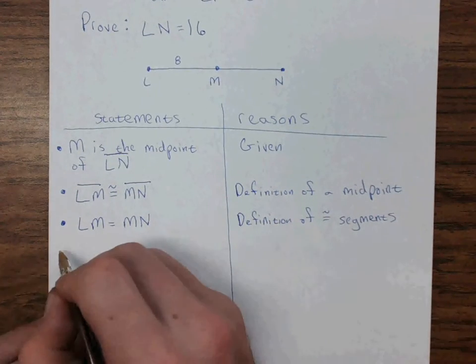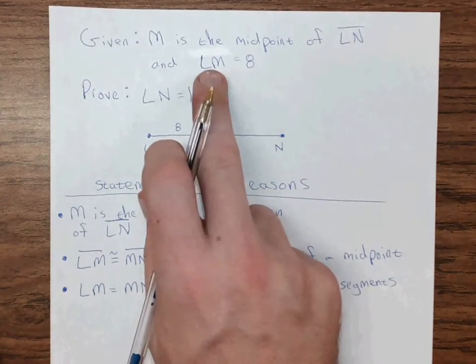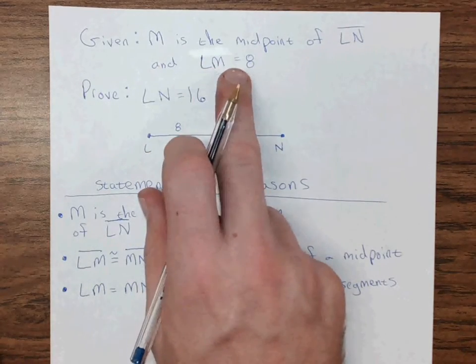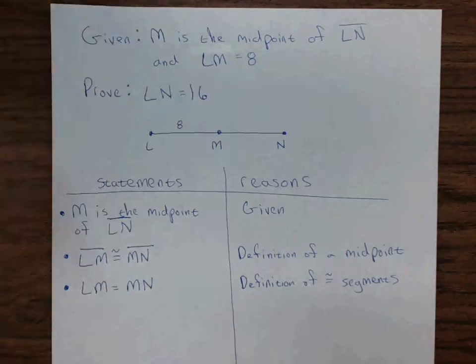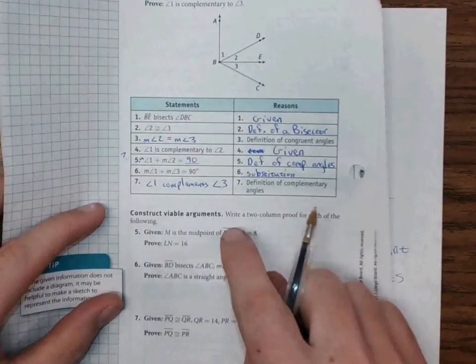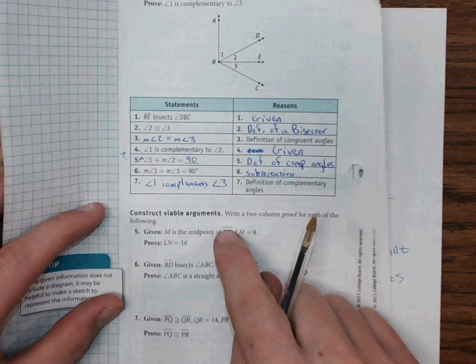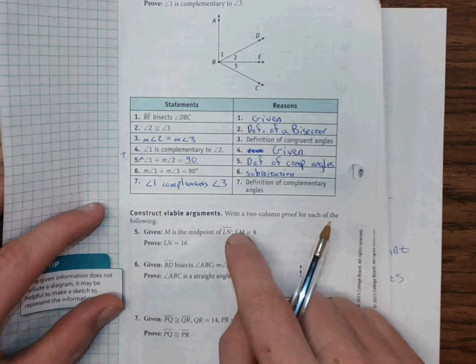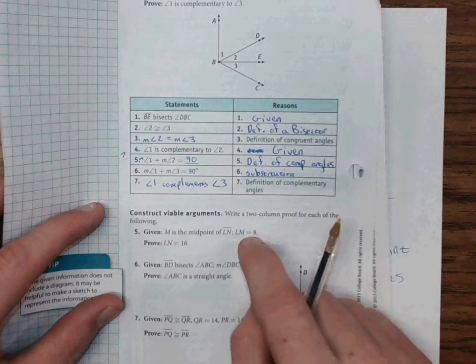And now we'll make use of the other given. LM is equal to 8. Again, it's a subtle distinction, but you can see the authors of our textbook clearly want us to make it. Here they have LN with the line segment bar over it, but the other given is LM without the line segment bar equal to 8.